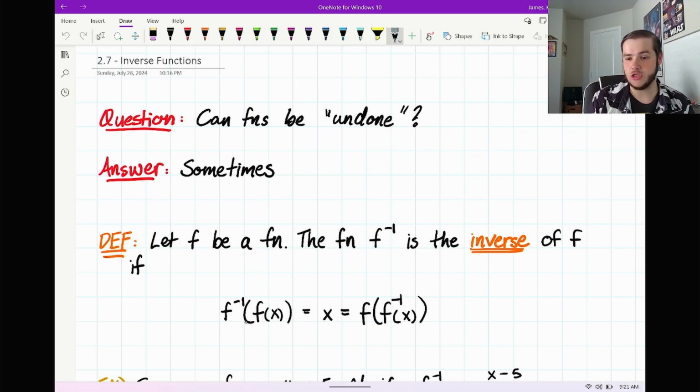So the idea here should be that if I plug in an output, I get back the input from whence it came. Similarly, f inverse of x at the end of the day is an input, and when I plug it into the function, I should get back the expected output. In other words, f and f inverse cancel each other when you compose them together.